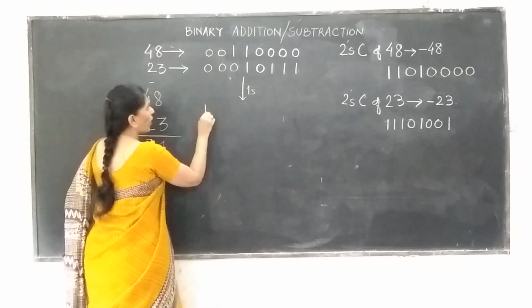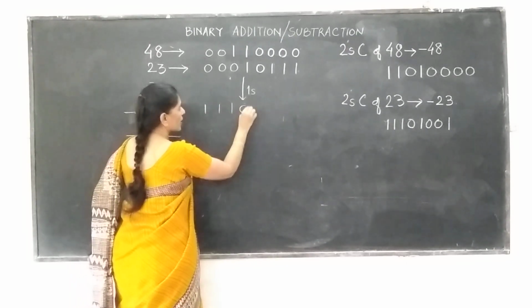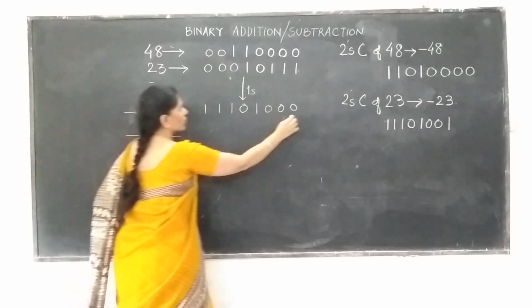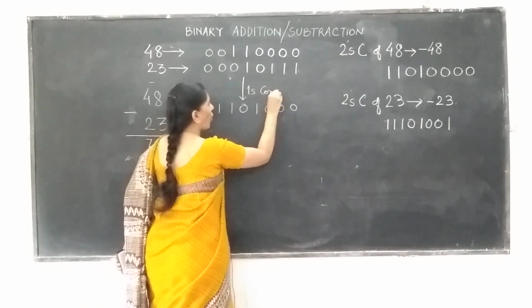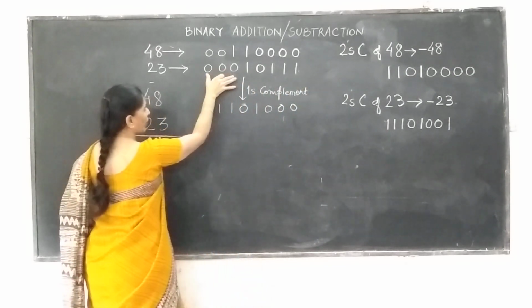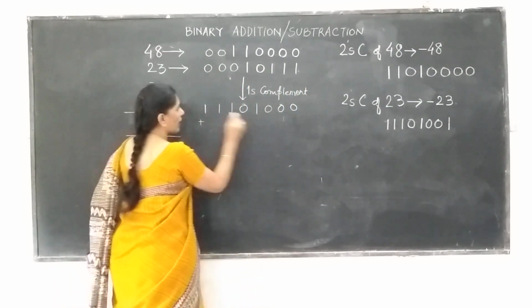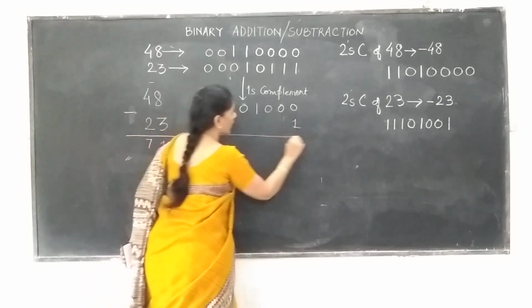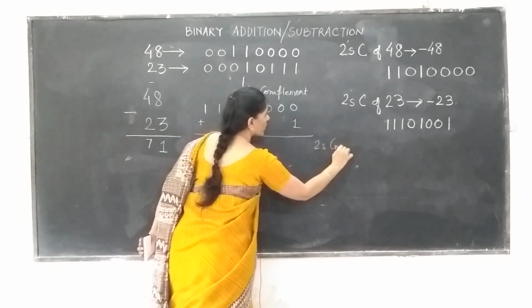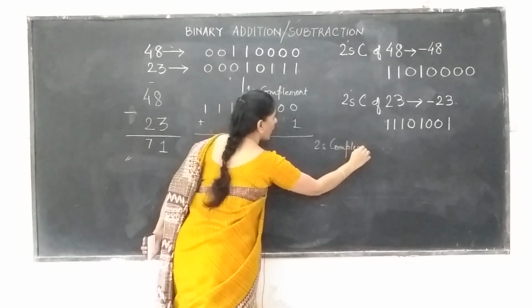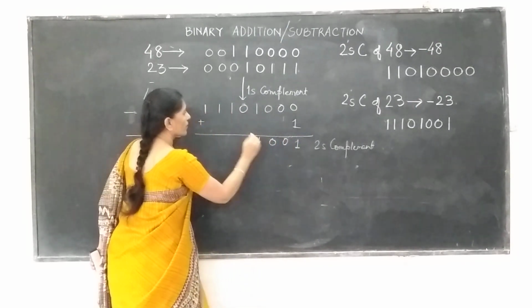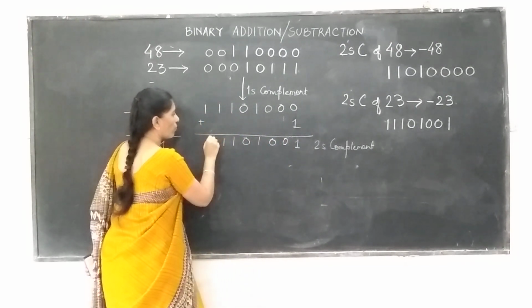So this will be 1 1 1 0 1 0 0 0, and this is the 1's complement of the binary of 23, and to this if we add a 1, what we get is the 2's complement, and that is 1 1 1 0 1 0 0 1.